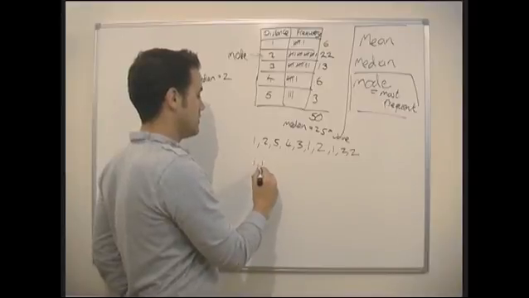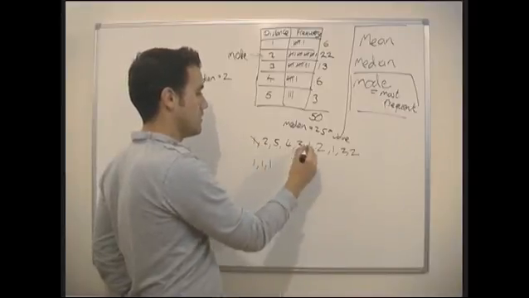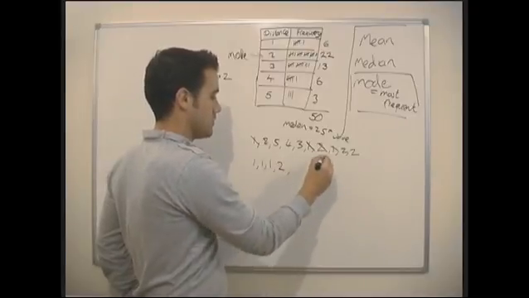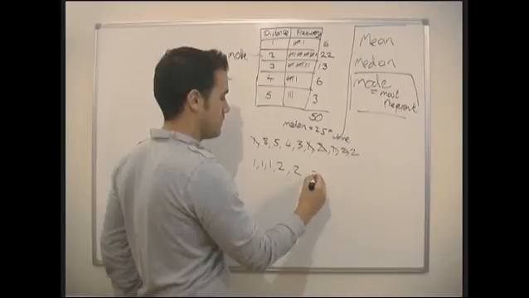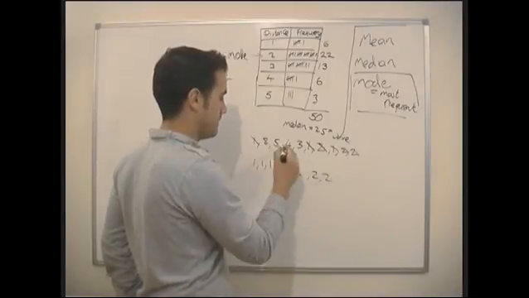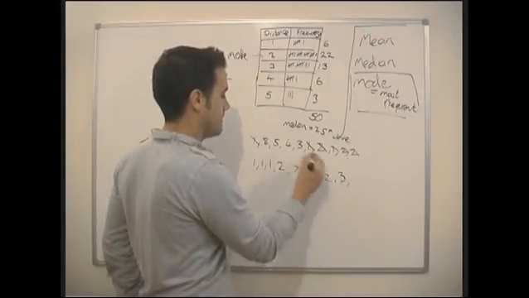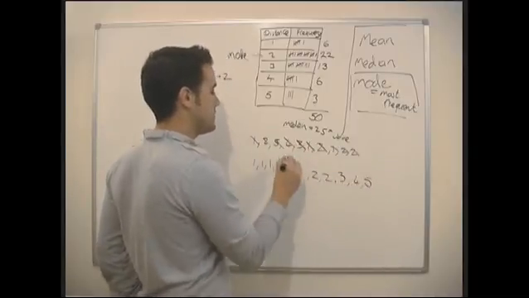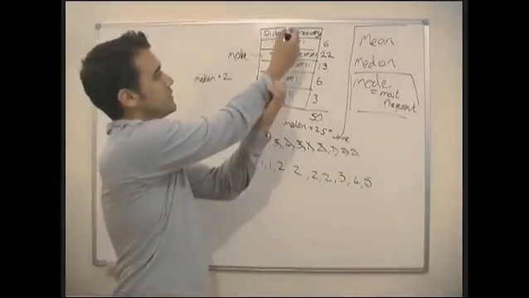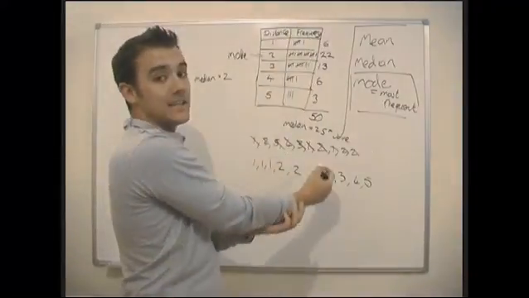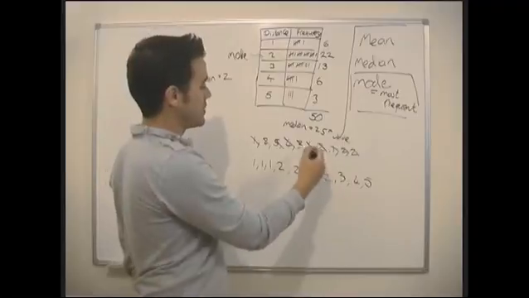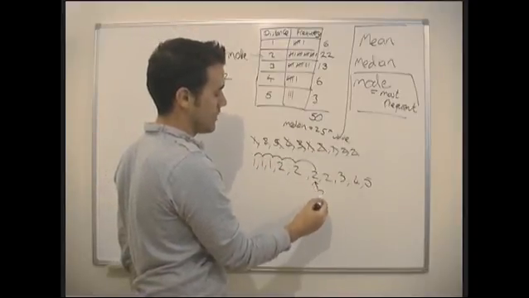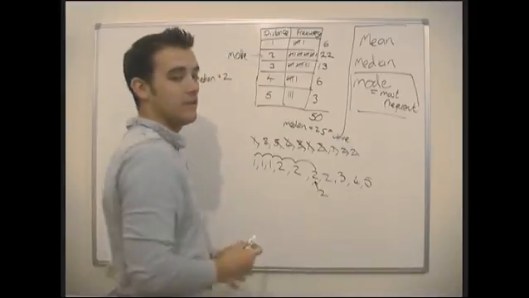So you do 1, 1, 1, 2, 2, 2, 2, 3, 4, 5. You write them down in ascending order, but because we've done it in a tally chart, it is already in ascending order. So in this case, it would be the 5th value, 1, 2, 3, 4, 5. So in this case, it would be 2 as well. It's just the middle value.